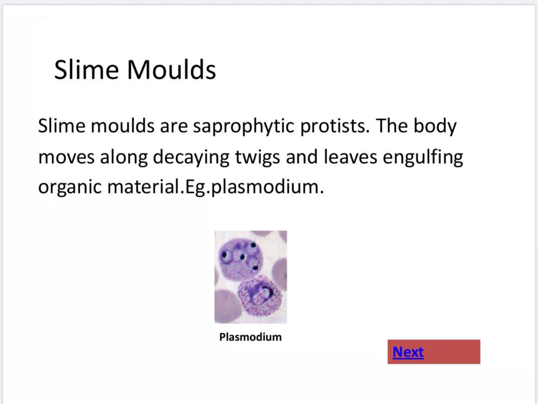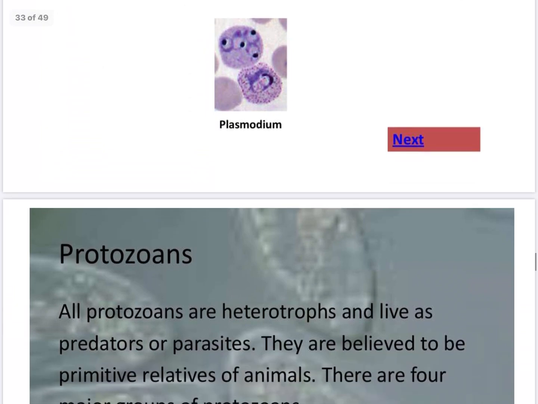So the slime molds are saprophytic protists, and they may be classified into acellular and cellular slime molds. Spores are present in them, and these spores are distributed in the air, and wherever the spore falls, it grows into one more adult slime mold.